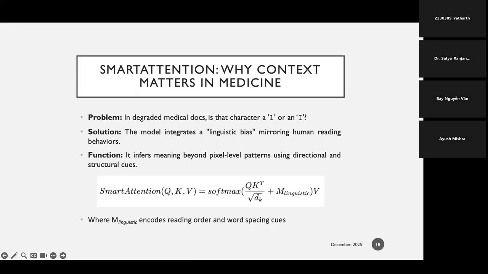Okay, so in a sense, this mechanism allows the system to stop guessing pixels and start disambiguating the text based on context. It effectively gives our AI the intuition of an experienced pharmacist deciphering a doctor's handwriting, right?